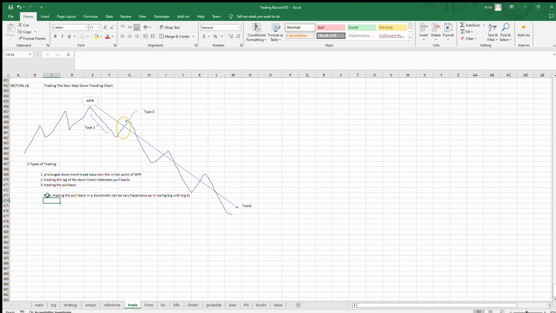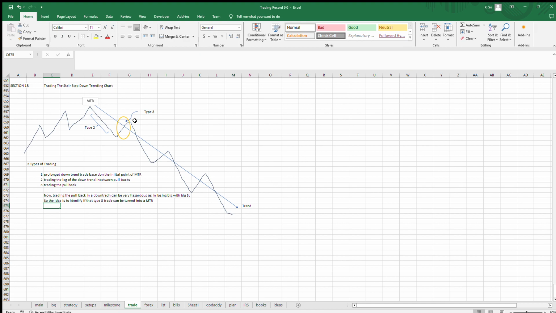So the idea is to identify if that type 3 trade can be turned into a MTR. Okay, that's what I'm fishing for. That's what I'm looking for.